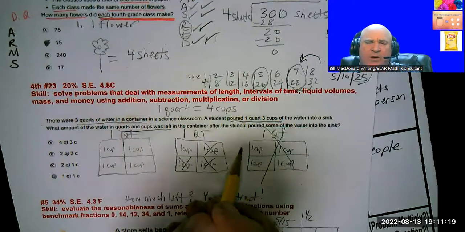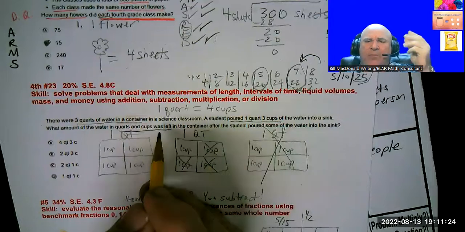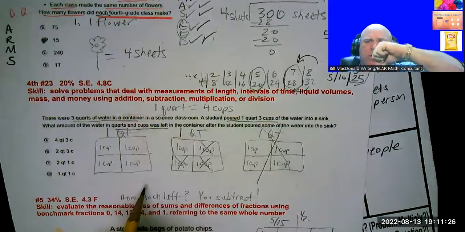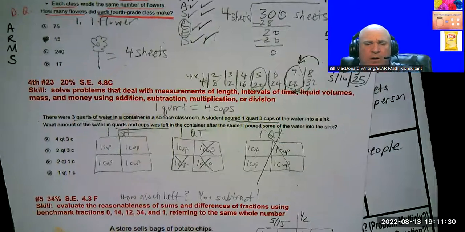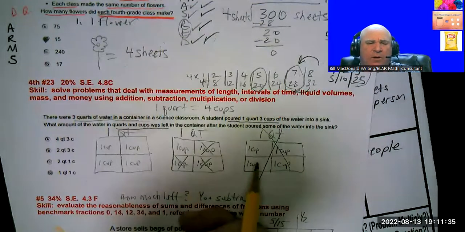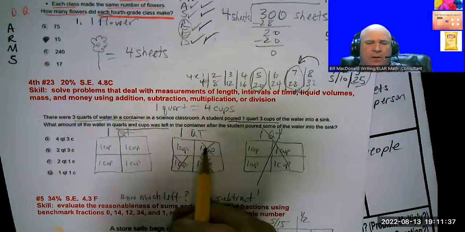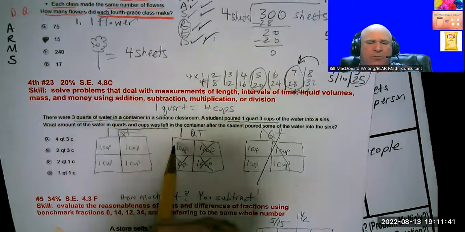And what they said was, how much is left? You subtract. And so I would take away the 1 whole quart and 3 more cups, and I would have 1 whole cup and 1 quart. And voila, the answer is right there.